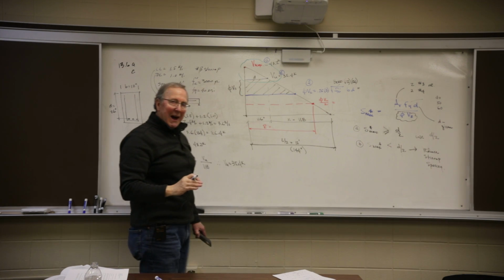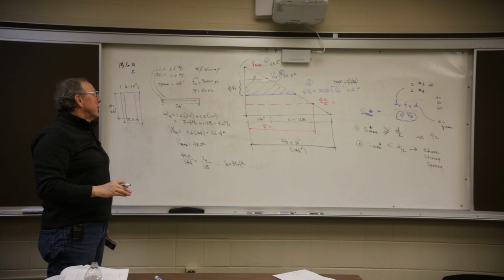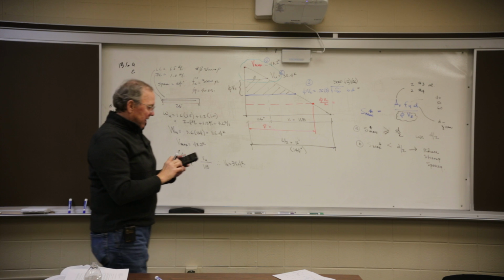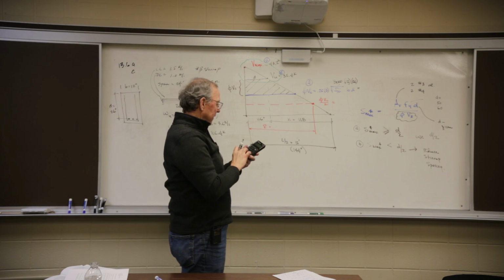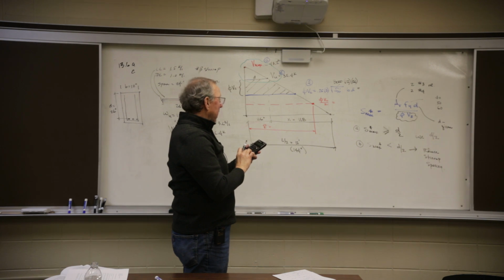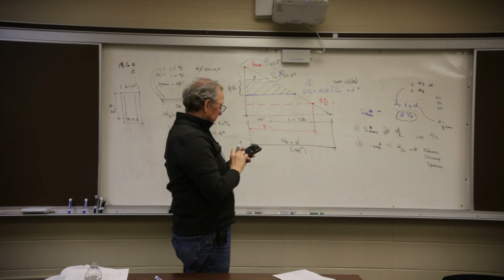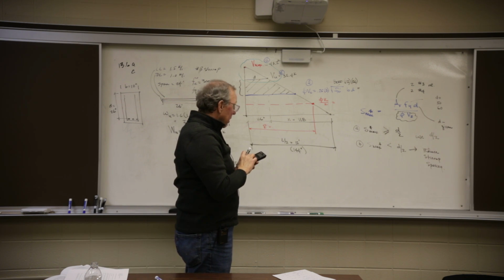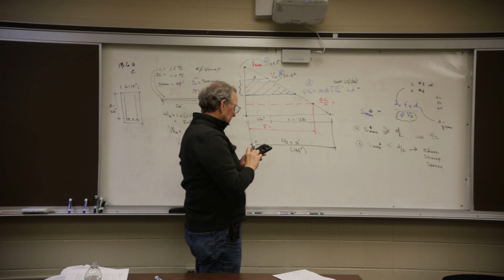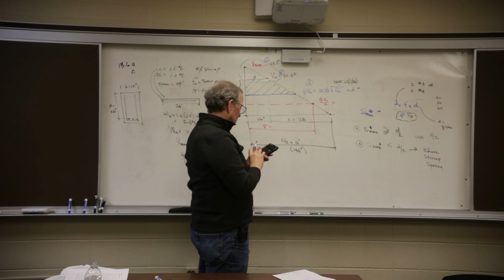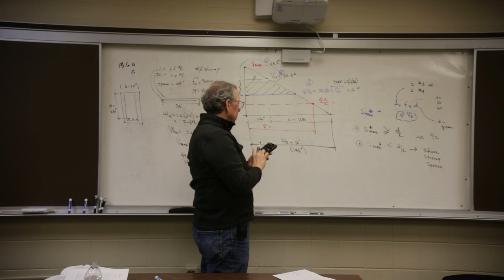I'm using 3,000 pounds, therefore I'm going to get pounds as an answer. All of my other answers are in kips, so I've got to divide it by 1,000. I'll take 0.75 times 2 times the square root of 3,000, times 12 times 26.